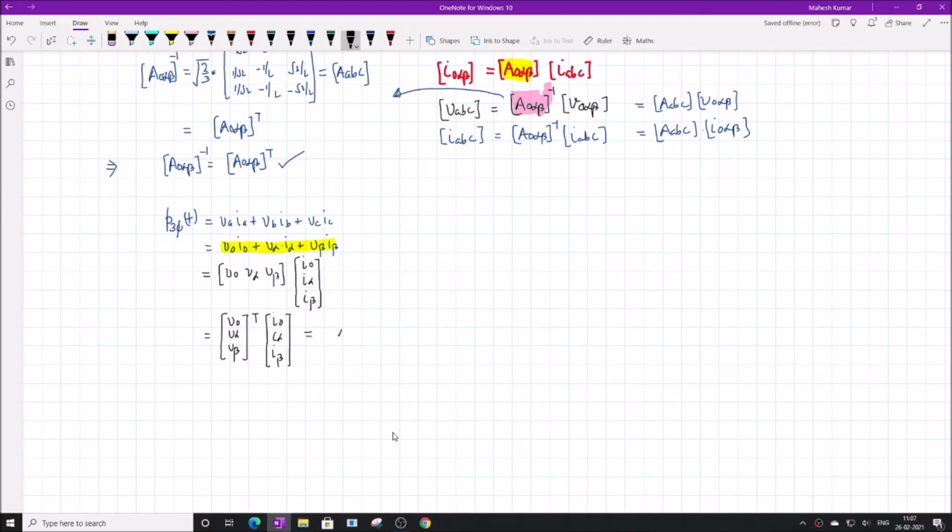It is a matrix A0 alpha beta into VA VB VC, the whole thing transpose, and then I0 I alpha I beta in terms of ABC is A0 alpha beta into IA IB IC column vector.